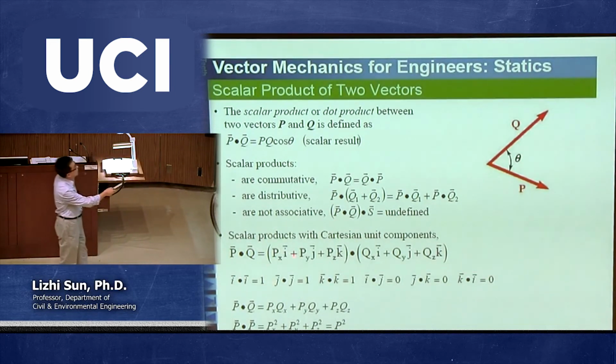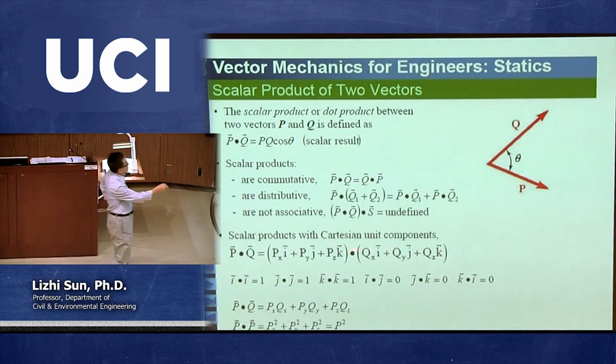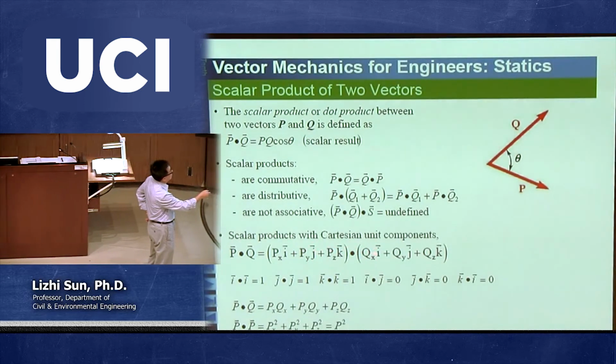Then with this, we come back to look at this vector P dot with this vector Q. You just do the math. This one times this: I dot I equals 1, so you need to have a PX times QX somewhere here. And then I dot J equals 0, so forget about this one times this. I dot K equals 0, forget about it. Then this term multiplied with this one: J dot I equals 0.